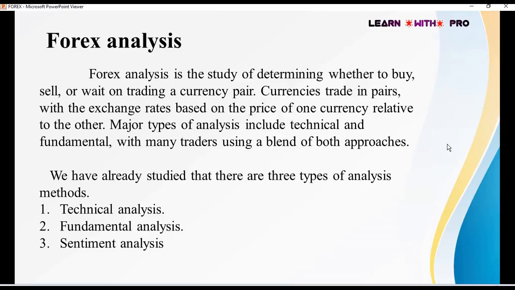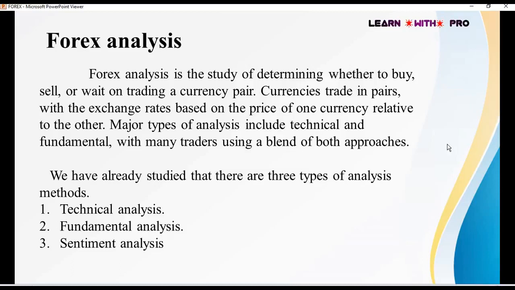Now, types of analysis. We have technical analysis, we have fundamental analysis, and we have sentiment analysis. Now, sentiment analysis is more of a blend of technical and fundamental analysis. That's why if you search for types of forex analysis, they will only give you technical and fundamental analysis.